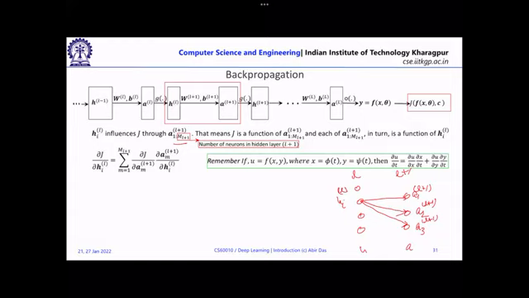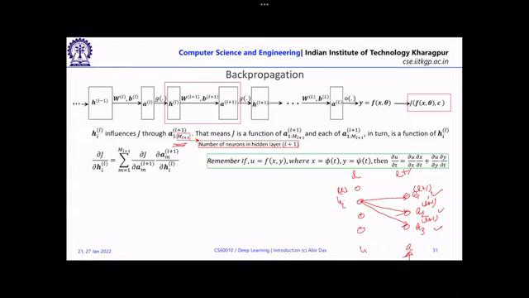So HI is influencing A1, A2, A3, all. That is given by this notation, A1 to ML plus 1. What is ML plus 1? It is the number of nodes that are there in the L plus 1th layer, right? So I hope this is clear, what I mean by HIL influences J through A1 to ML plus 1.